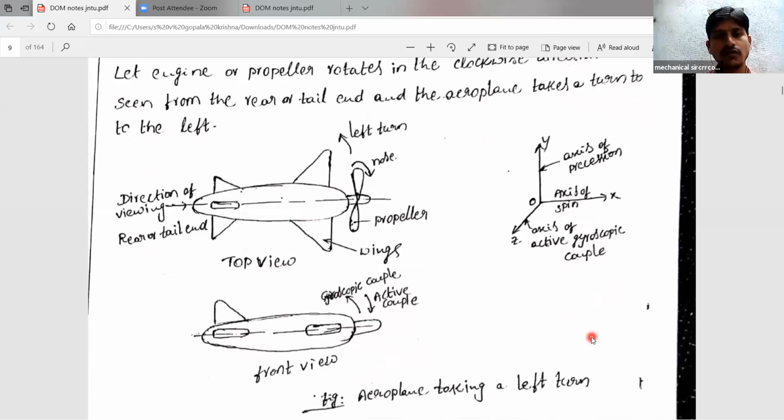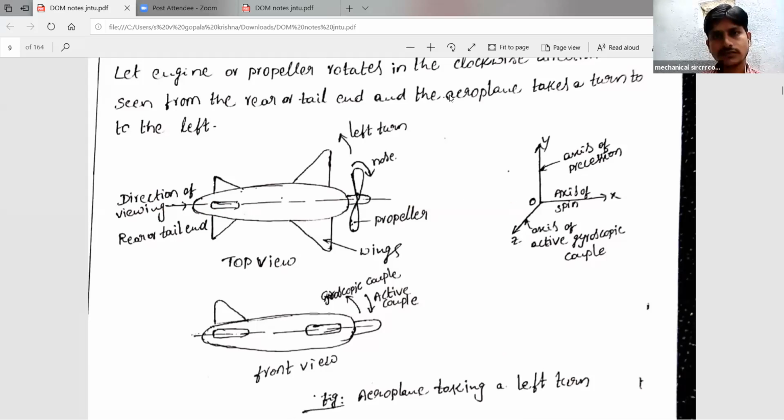Nearly 8 conditions are there, but from the derivation point of view, only write the 4 conditions. Those are direction of viewing from the back side, and sometimes from the front side, that is the nose end. So what effects are there? What type of effects are there?